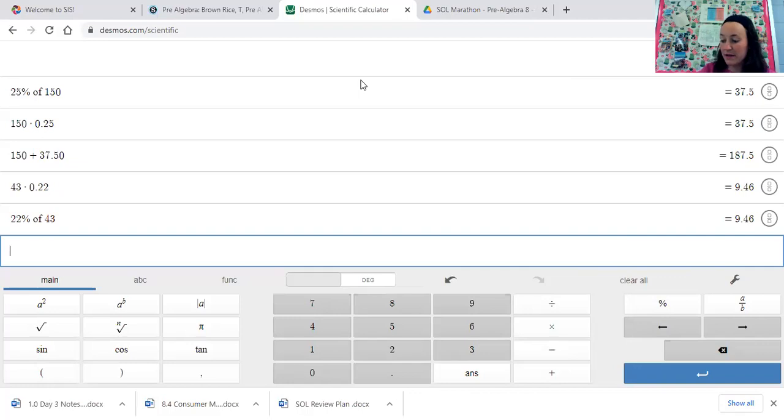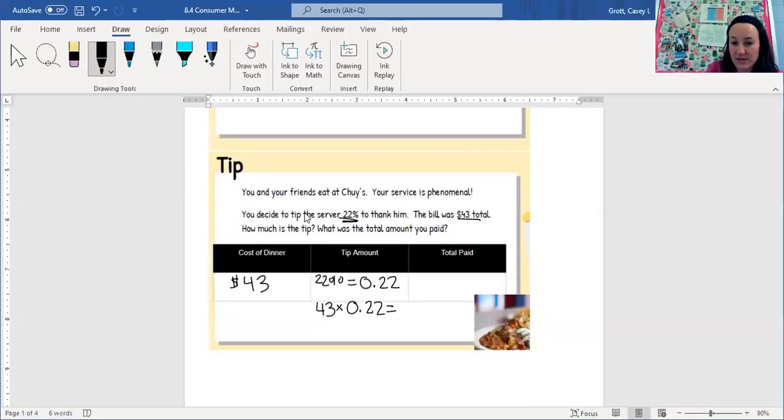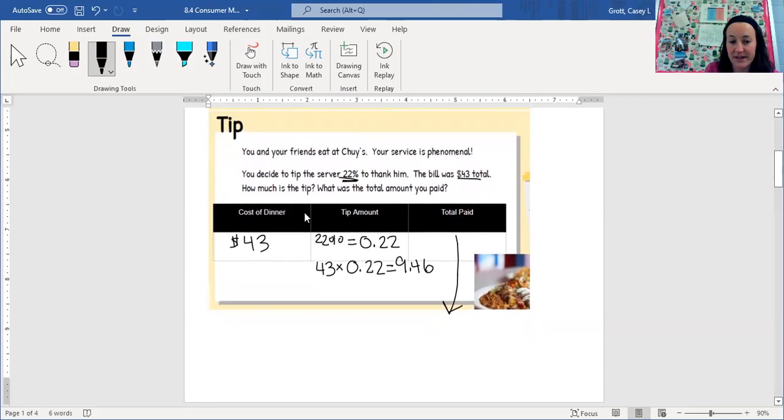So bringing that back, this was equal to $9.46. Again, running out of space. Sorry, guys. You might have space. So the amount I paid, I still have to pay the $43 just for my meal, plus whatever I'm paying in my tip.